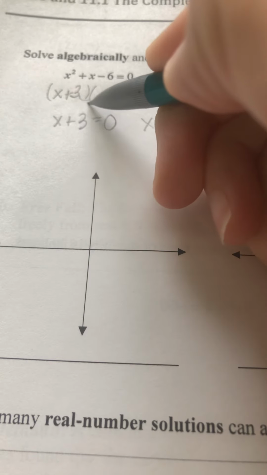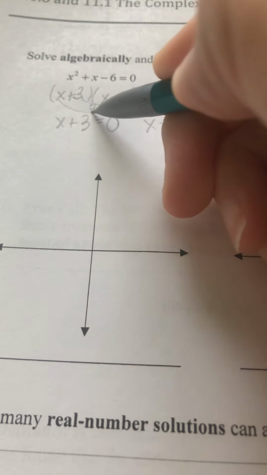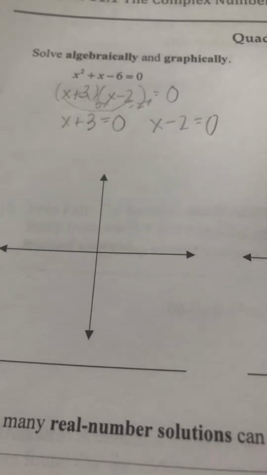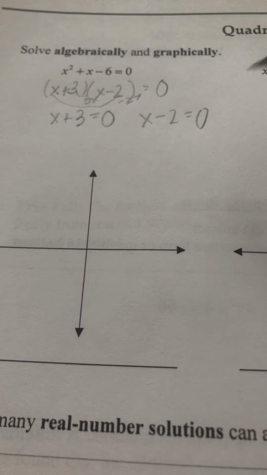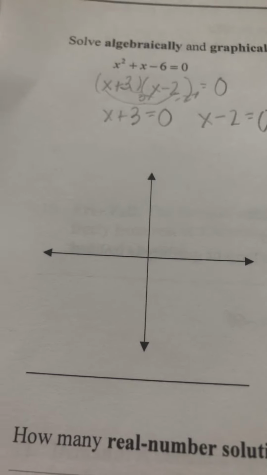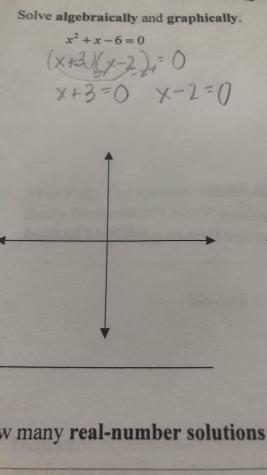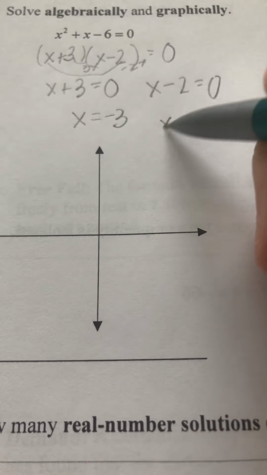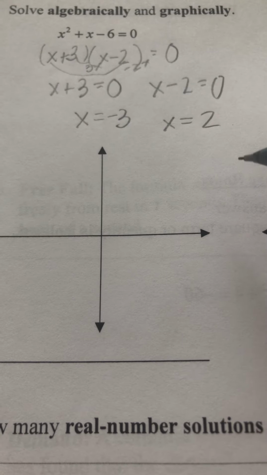Let me just write that down. 3x, -2x, and when you combine those, you get 1x in the middle. So then individually set the factors equal to 0. You're using the zero product property. You get x equals -3, and here you get x equals 2.